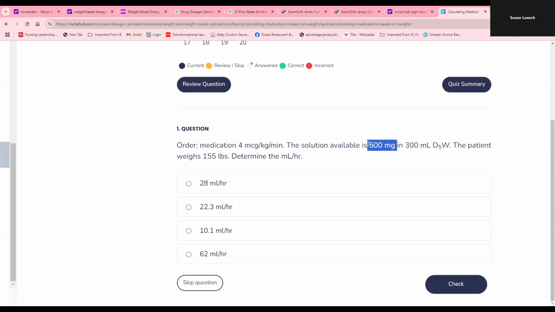You're going to divide that whole number, 281.81, by 1,000, right? And now you should have 0.28 milligrams per minute. Now you have to multiply that times 60 to convert it to milligrams per hour. And how many milligrams per hour do you have now?